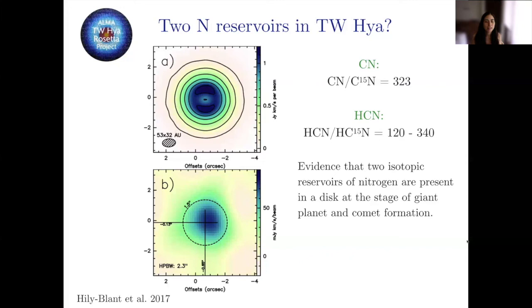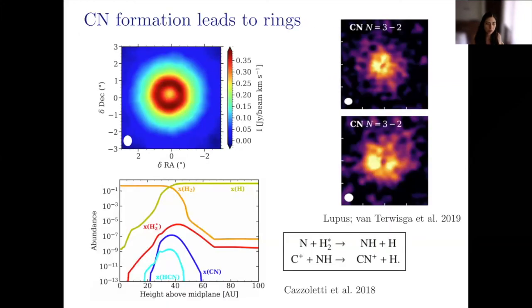At that time, it was in TW Hydra, but now there are other disks, for example, these two disks in Lupus, where we also start to see these rings of emission. What Paolo found in his study is that rings are a very natural outcome of CN formation when it's formed by vibrationally excited H2. That's what starts the chemistry. So this is kind of expected.